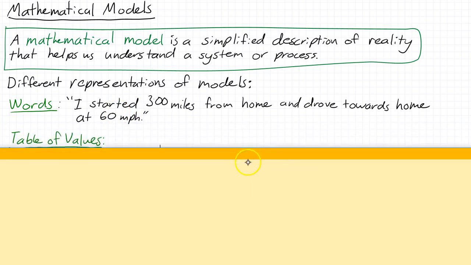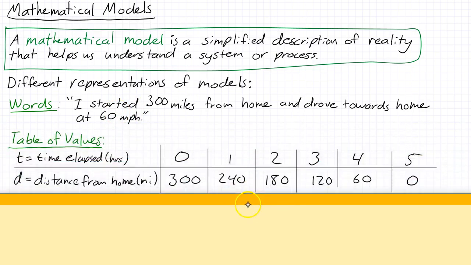So that's words. You could also make a table of values. This is a really important one, where you take variables. In this case, t stands for the time elapsed. d is the distance from home. So for example, when you've been driving for 0 hours, right when you start, your distance from home is 300 miles. And those numbers go together.